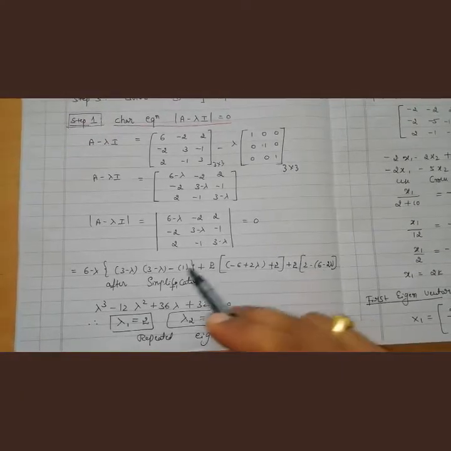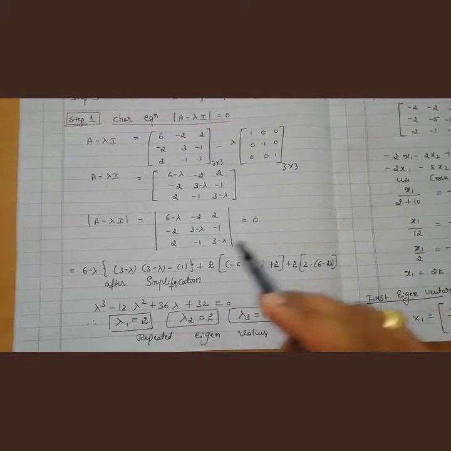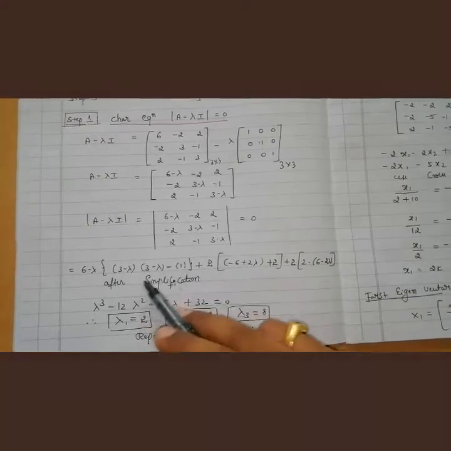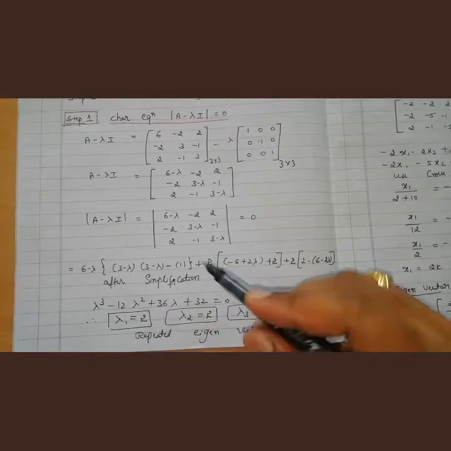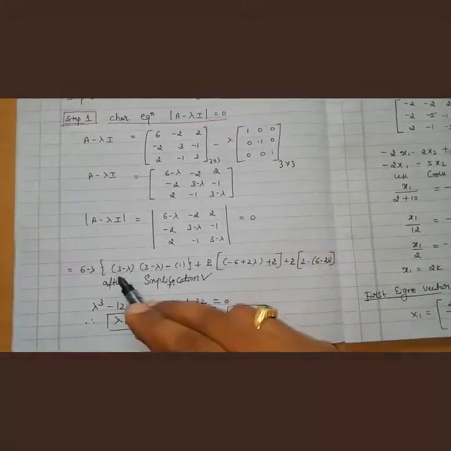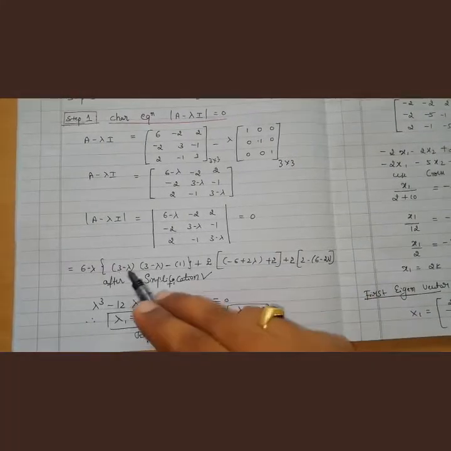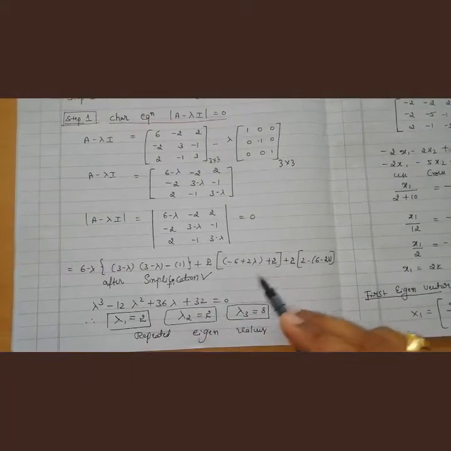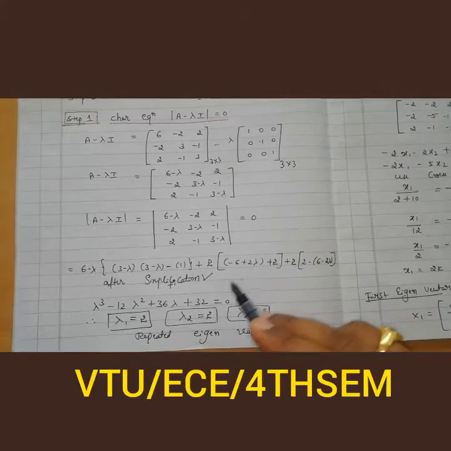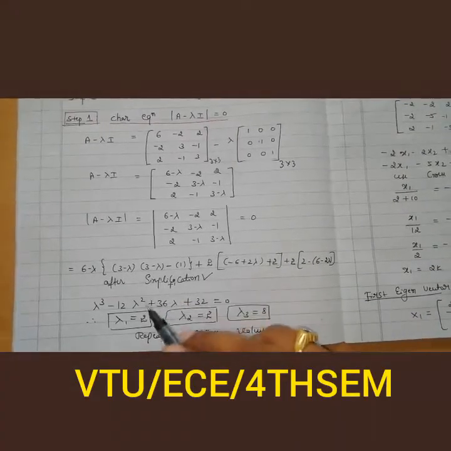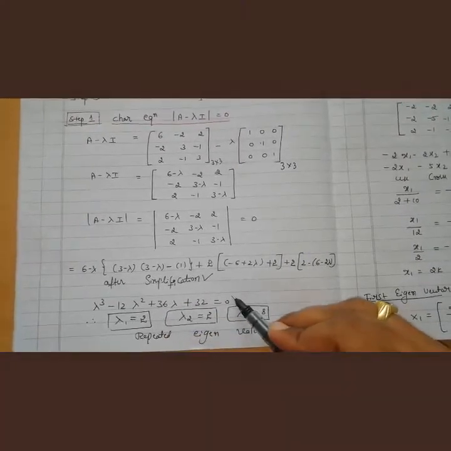Similarly it carries up to the third part. I will not simplify all these things; I have just written this after simplification. It's just mathematical simplification, collecting the cubic term, square term, single term and constant. You will get this cubic equation.